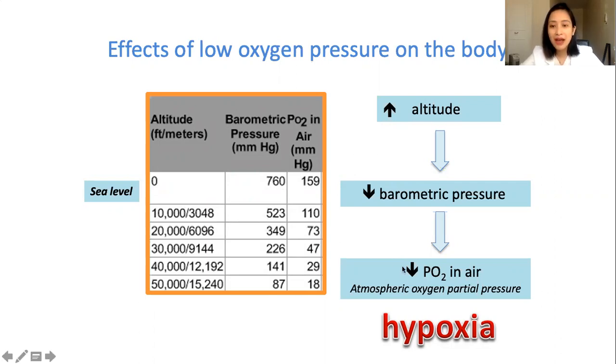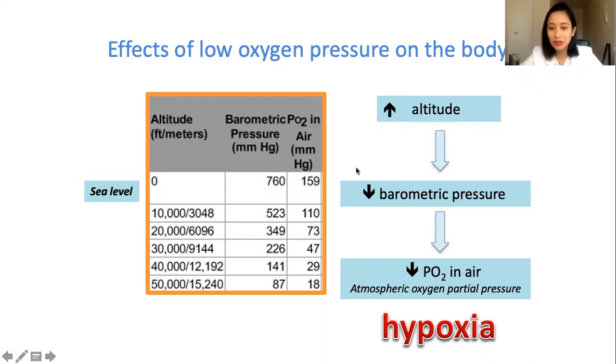The higher the altitude, the lower the partial pressure of oxygen, because there's less air pressure.